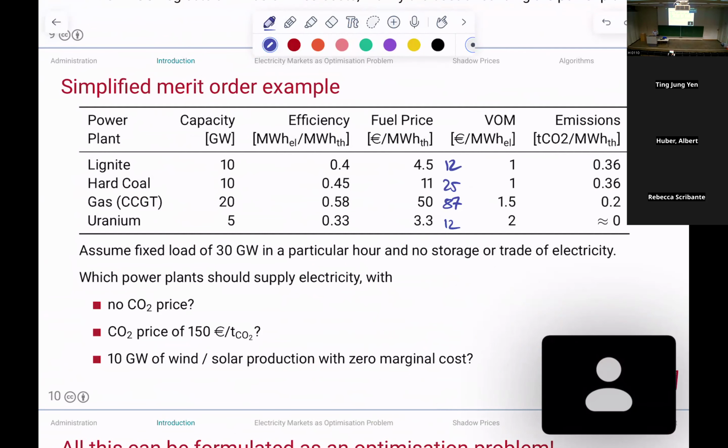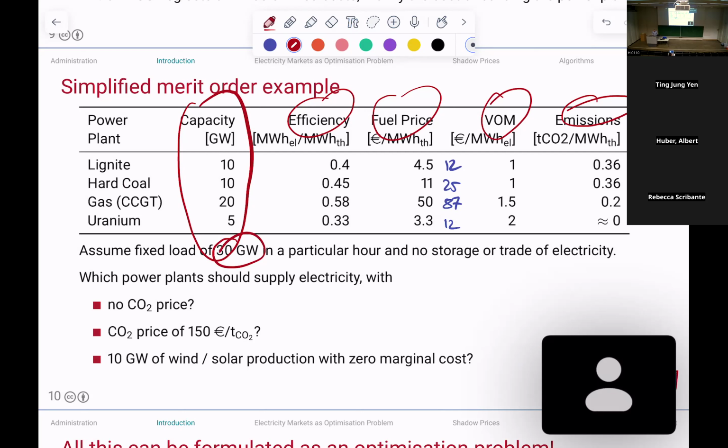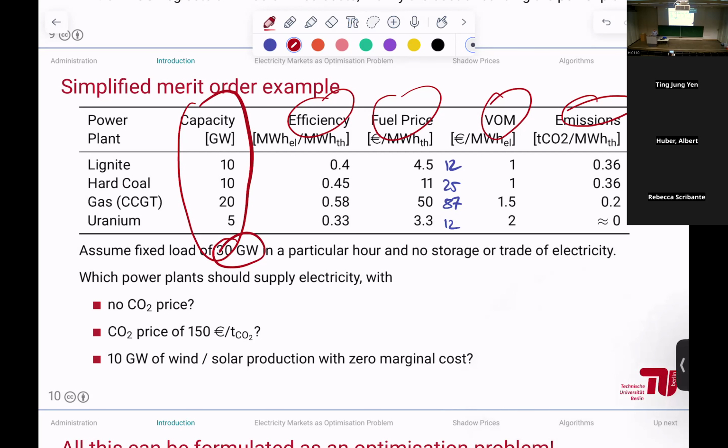We have the different capacities given. We have a fuel price, an efficiency, a variable operation and maintenance cost, and the specific emissions. So these are just the input values that were on the previous slide. And we want to build a merit order for a 30 gigawatts demand.